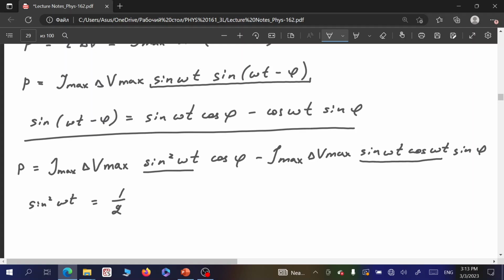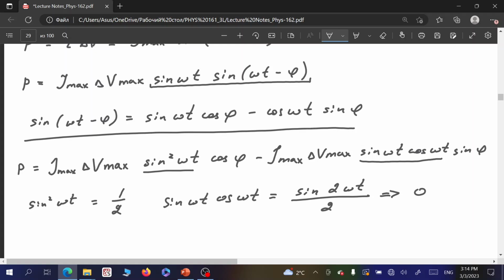Here is another part from the second term, and this sinus omega t times cosinus omega t can be represented as sinus 2 omega t divided by 2. And if we average this sinus 2 omega t over one period, we eventually will get 0.